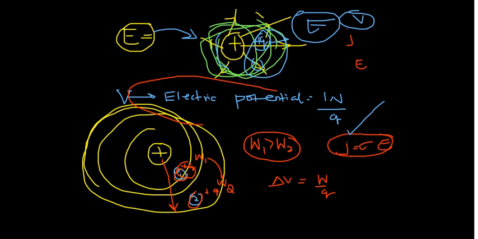Now what we are doing here, let us say, here we have a charge. Around that there is an electric field. I am writing here E as the electric field.